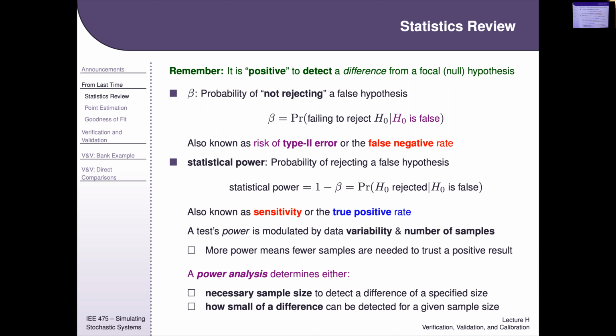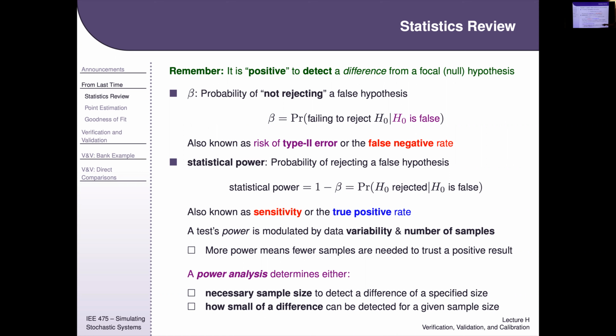And so in the World Series case here, we can't play more games, but we could ask, given a particular number of games, how different would the two teams have to be for the World Series to be able to actually detect which one was better? And that would be something that we could answer there.